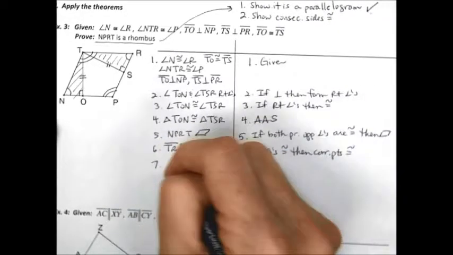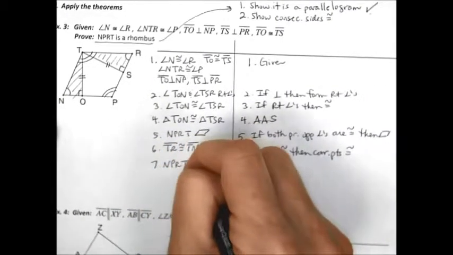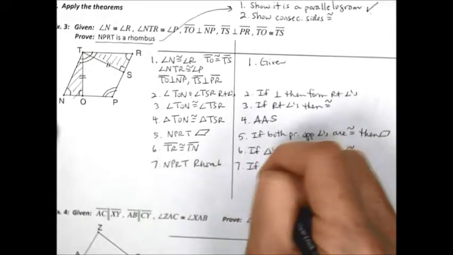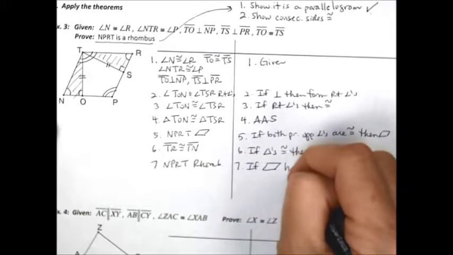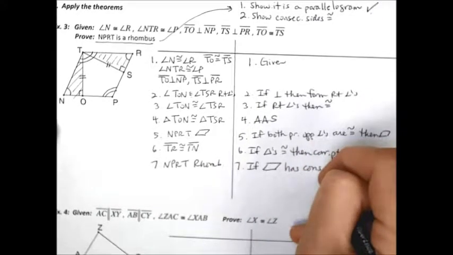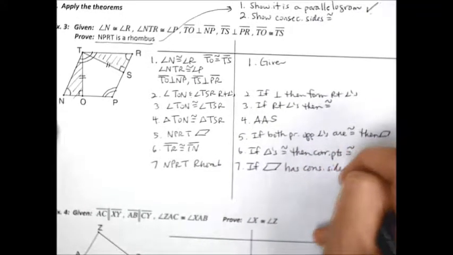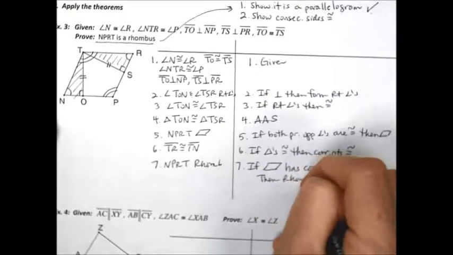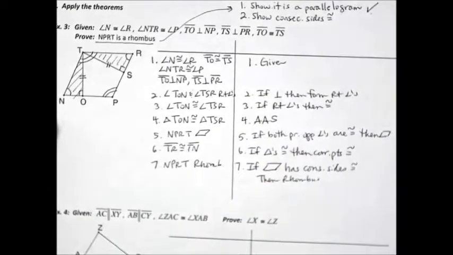And that is enough to say NPRT is a rhombus, because if a parallelogram has consecutive sides congruent, then it is a rhombus. Okay? So I wouldn't ask you to do a proof like that without telling you how to prove a rhombus, but that's the idea.